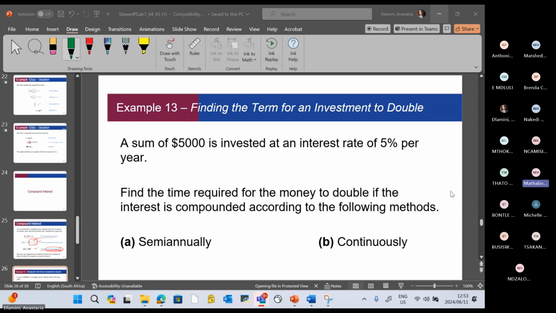Then we divide both sides by 5,000. We get 2 equals 1 plus.